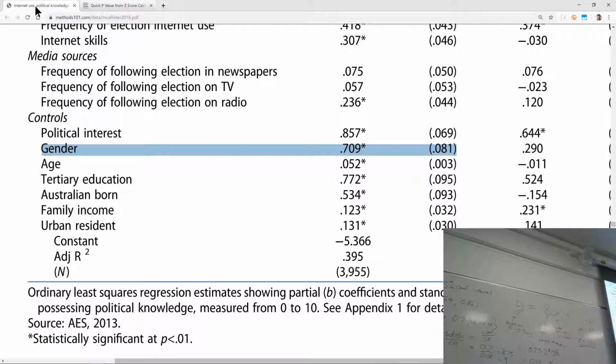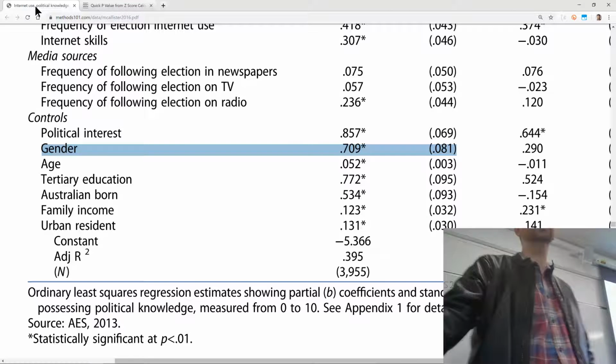Calculate the statistical power. That's the concept, statistical power.